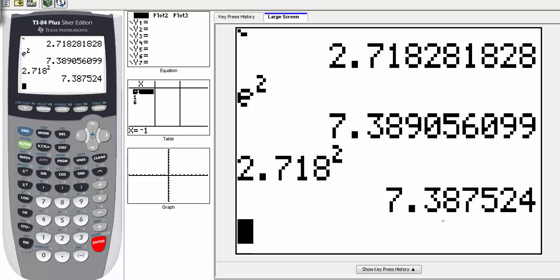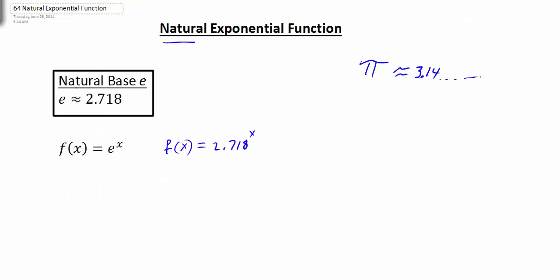So it's accurate out to 2 decimal places, but notice how the number changes. That's why we want to use this letter e, because it's going to give us a better representation of this number.